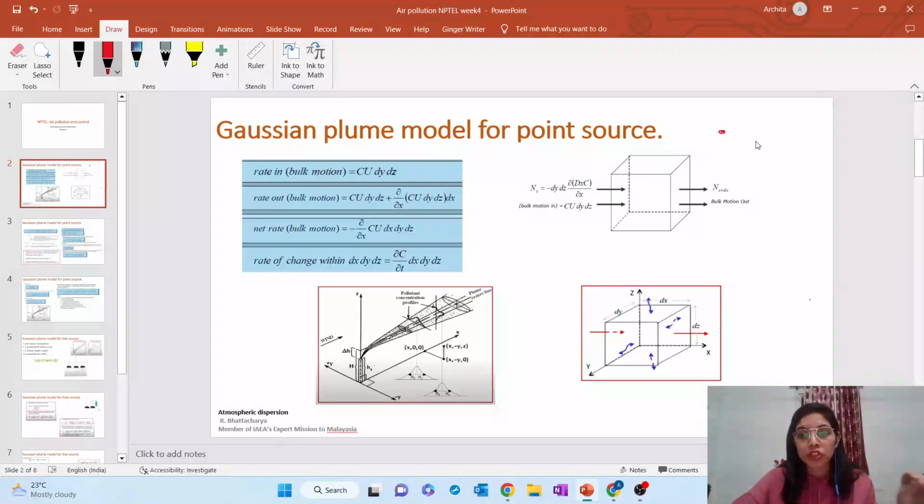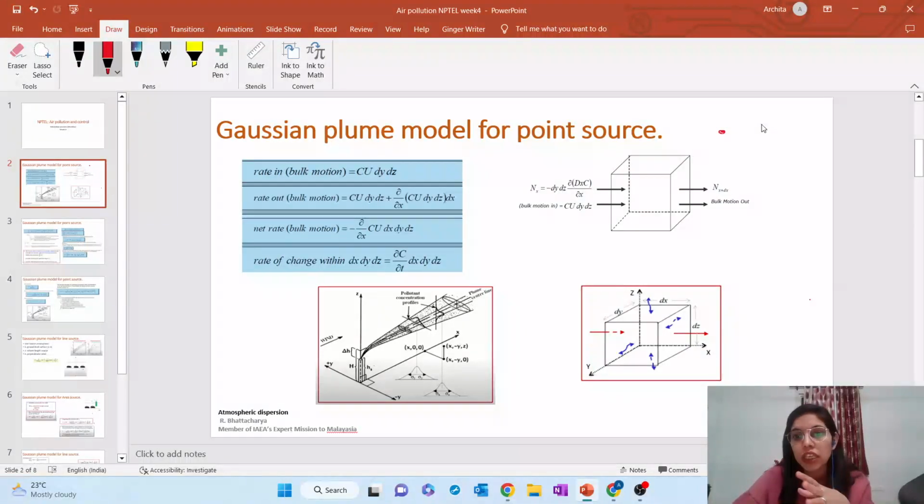Traffic pollution is along a line. And third is area source, where it is for a large area. For example, during October-November there is a lot of agriculture residue burning in Punjab and Haryana. They burn whatever is left after the harvesting. That comes under area source emission of air pollutants.